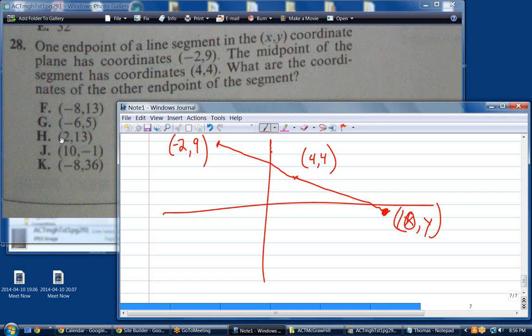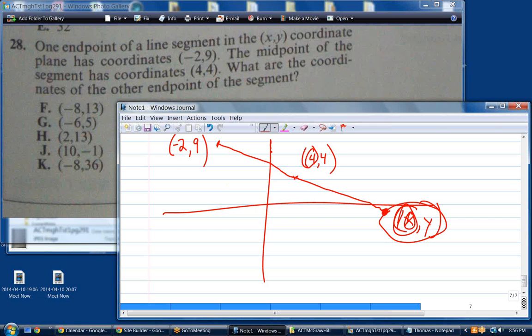So it had to be either H or J, because if there's one thing we know, the x-coordinate is a positive number. But let's examine exactly how to do this. Whatever the x-coordinate is, that 4 is halfway between minus 2 and 10.